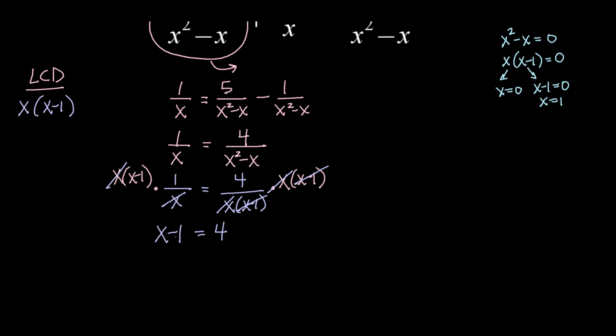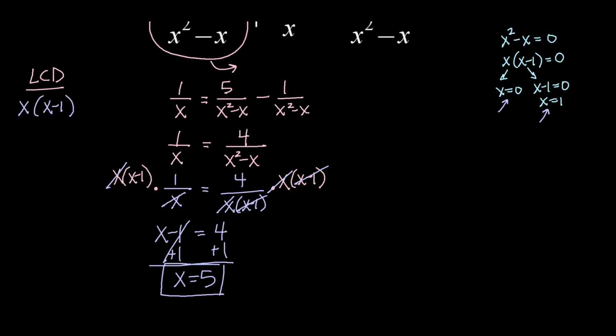So what I have remaining is x minus 1 equals 4. Solving for x, I get x equals 5. Now that's my proposed solution, but remember I always have to check it against my excluded values. I had two excluded values, 0 and 1, so x equals 5 is a good solution.